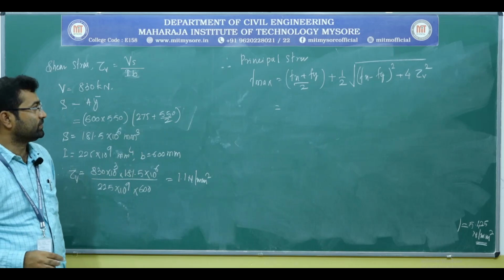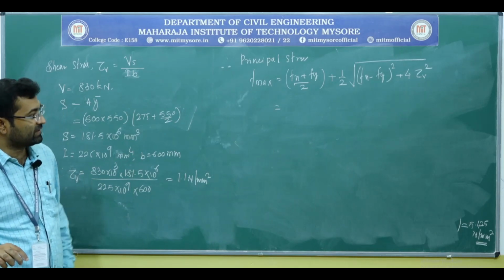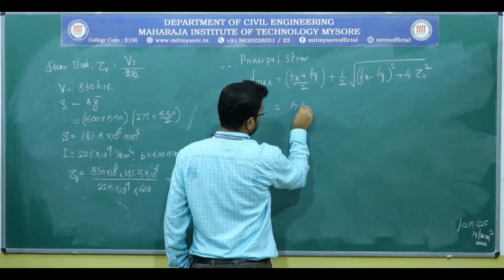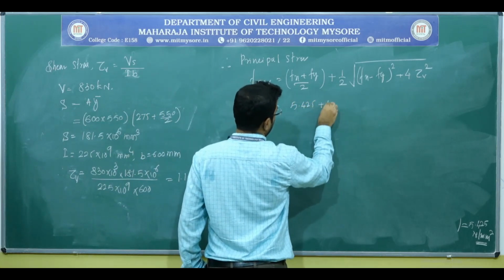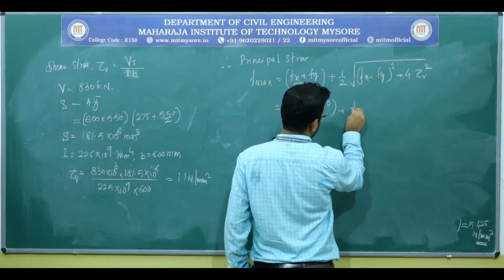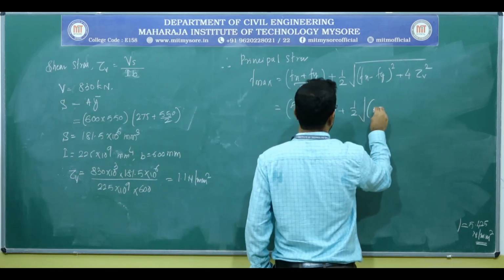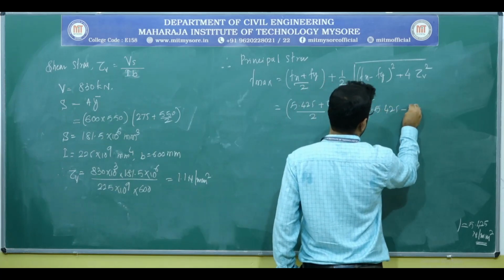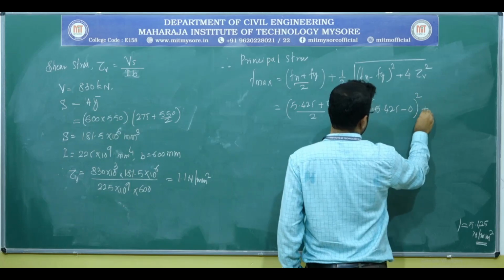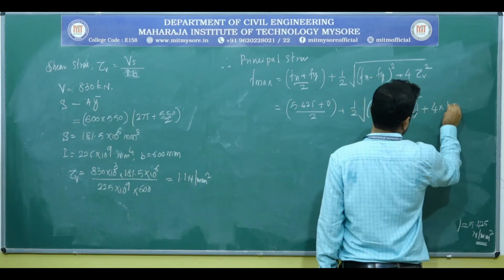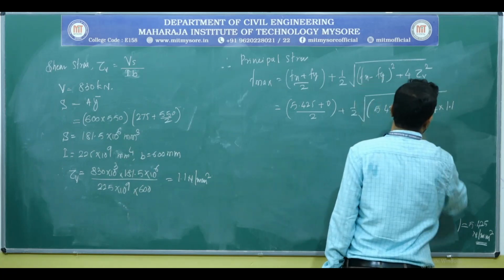principal maximum compressive stresses. So Fx is, as per our calculation, 5.425, Fy is 0, whole divided by 2, plus half into under root of Fx, which is 5.425, minus 0 whole square plus 4 times tau v, which is 1.1 square.